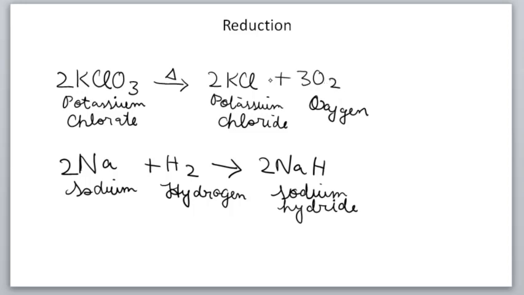And the reducing agent is a substance which can bring about the reduction of other substances. So it's exactly what their name means. The oxidizing agent brings about oxidation and the reducing agent brings about reduction.